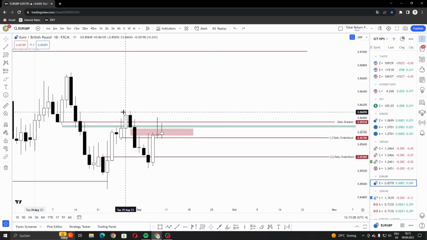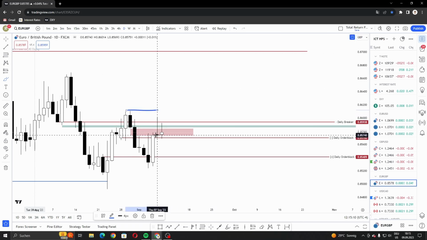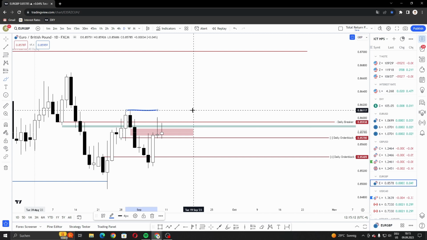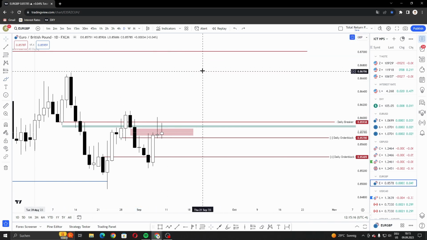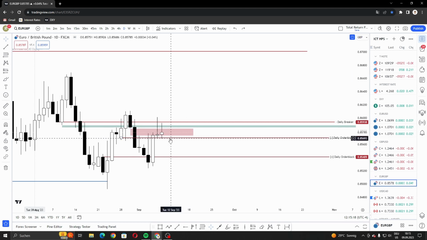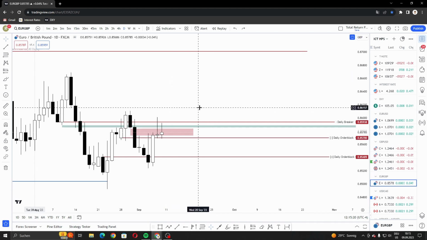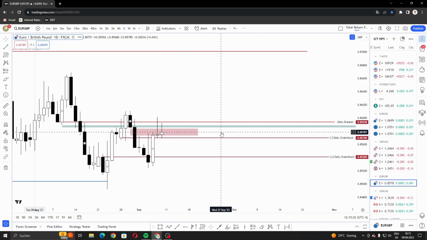So I expected a bullish euro pound, meaning euro is strong and GBP, the pound, is weak. So that's why if we were looking to short euro USD or GBP USD, we should short GBP USD because the pound is weak, and that's what I did on Friday.